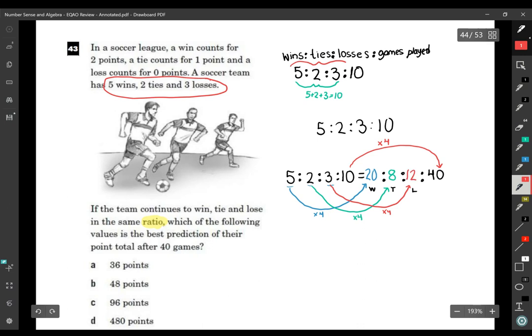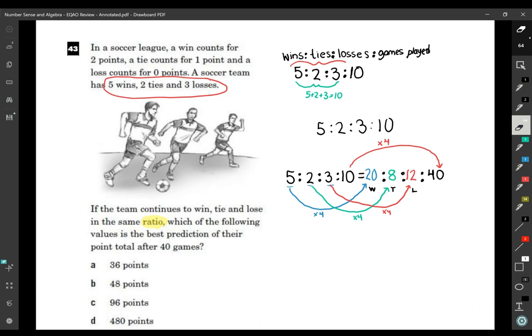We can double check that this makes sense: 20 plus 8 plus 12 does in fact give us 40, and it better give us 40. So that makes sense. We're getting there, but we're not quite done.